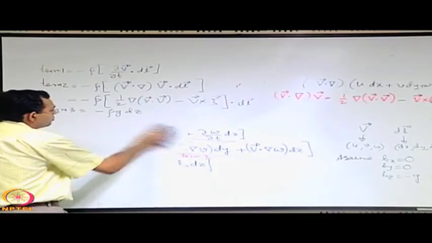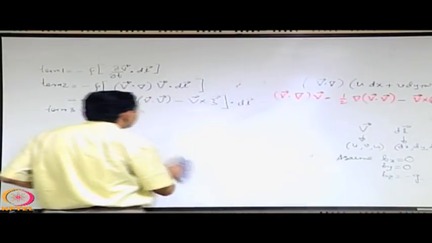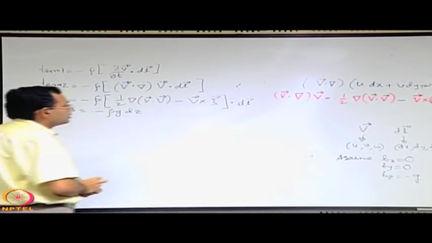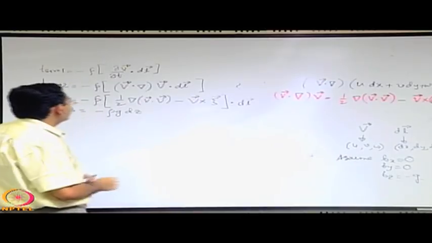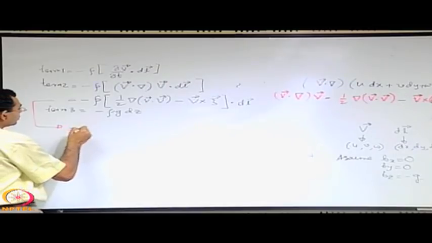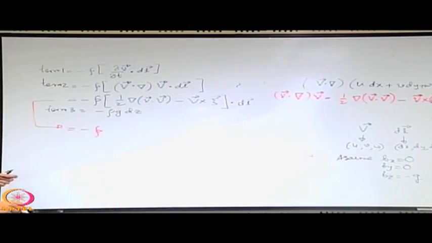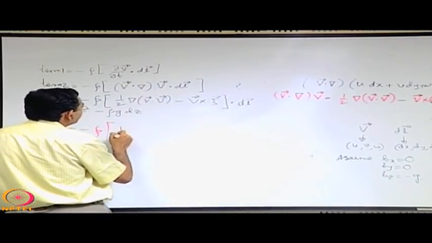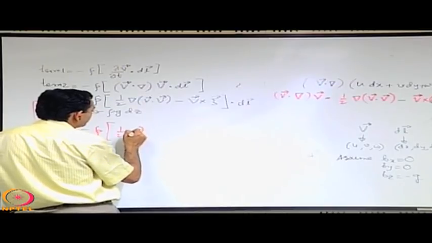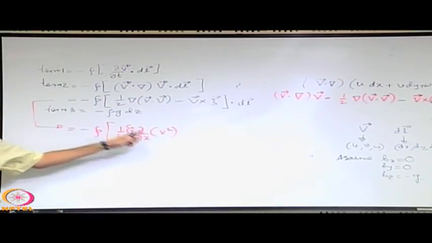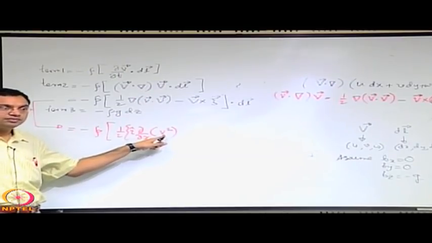So dp is a sum of term 1, term 2 and term 3. We can simplify the term 2 and term 3 further. Let us try to simplify the term 2 one more step. So minus rho, let us now consider the dot product of this with dl. So half, what is v dot v? V dot v is V square, where this capital V is the resultant velocity.